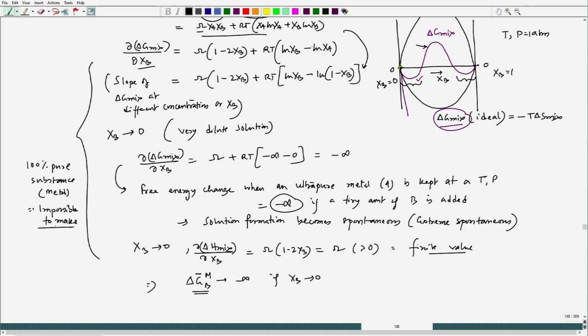Impossible to make. Now, if we consider a practical situation, if you buy pure metal with 95% purity, the metal would be cheaper. As we go to higher and higher purity, the metal becomes costlier. Why? Because we have to take the impurity out of that metal, and when it becomes extremely pure, the cost can increase exponentially.